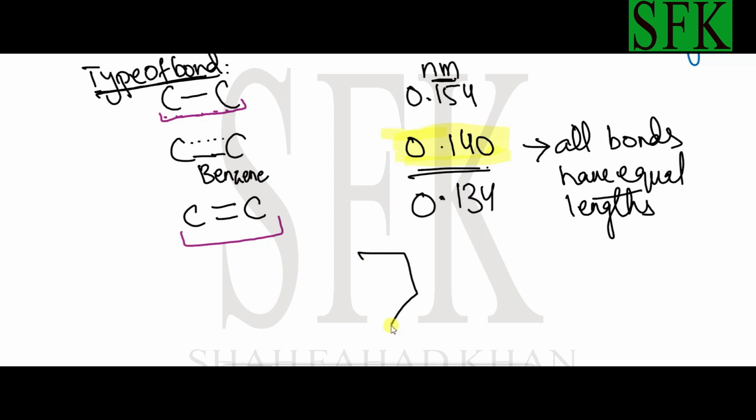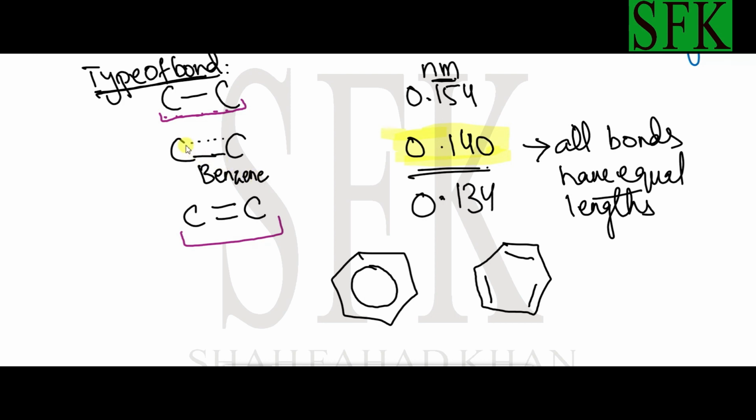Since all the carbon-carbon bonds in benzene are equal in length, Kekule's structure is not a very valid or good structure to represent benzene, because experimentally its bond length is 0.14 nanometer, which is in between the single and the double bond.